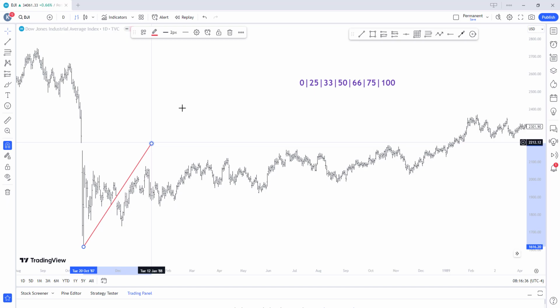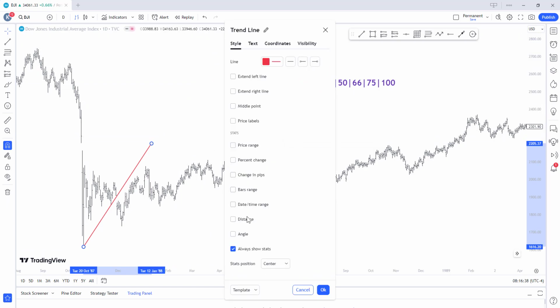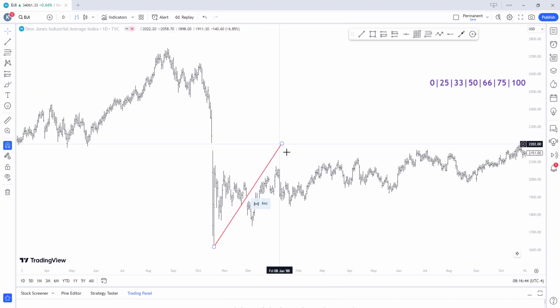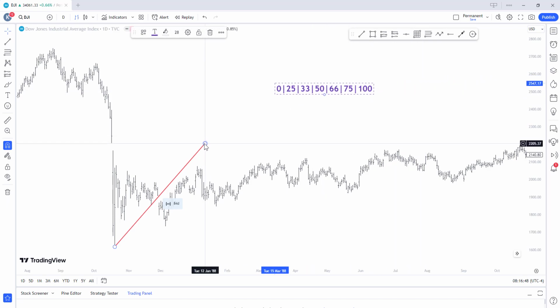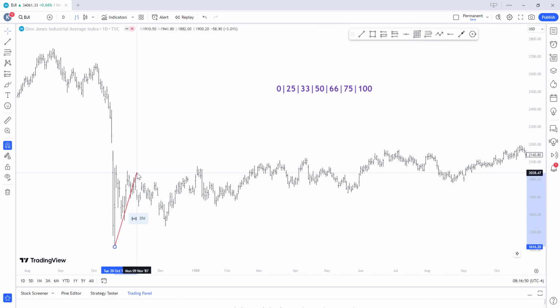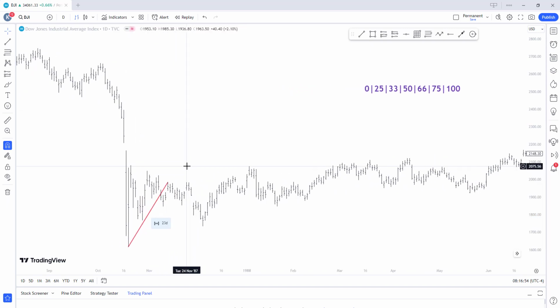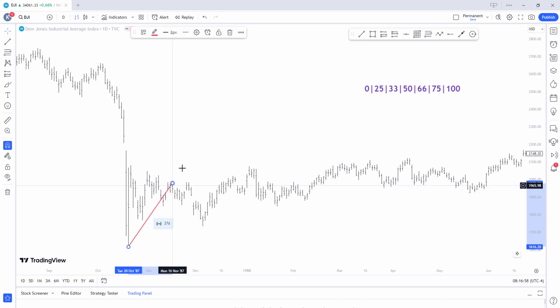So from 0, let me just time and date. From 0 to 25. Where do we hit? 25, 24, 25th, 7th. Okay, that's fine, and it looks good, right?